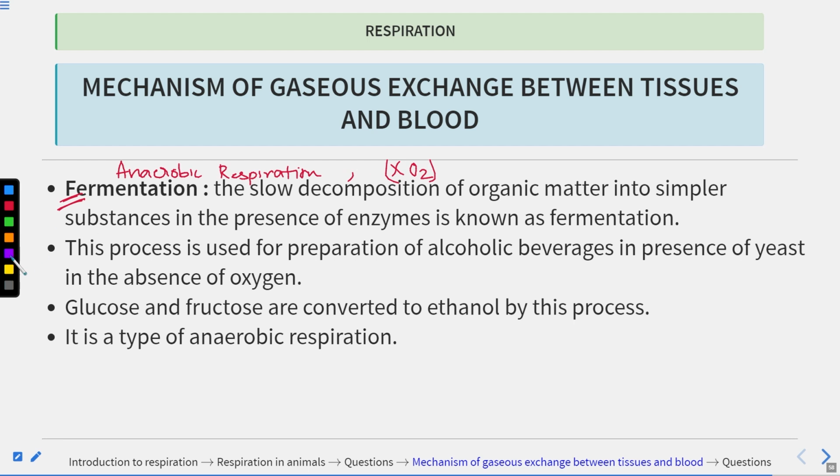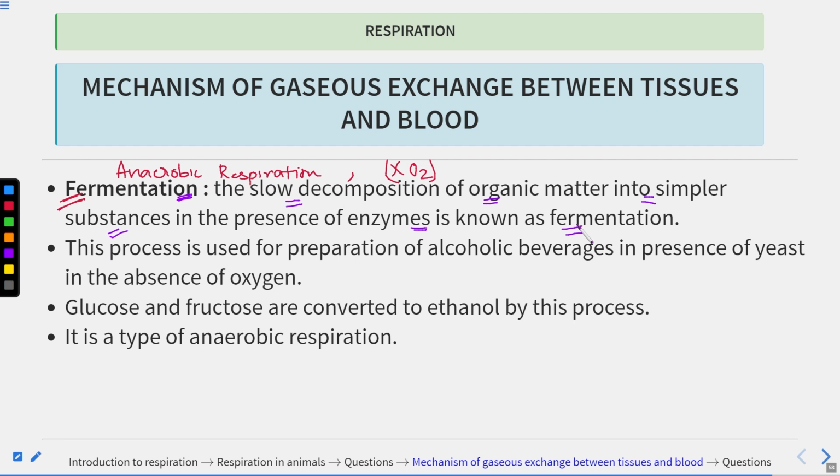Anaerobic respiration is also known as fermentation, and fermentation can be of two types: alcoholic fermentation and lactic acid fermentation. Now, what is fermentation? It is the slow decomposition of organic matter into simpler substances in the presence of enzymes.